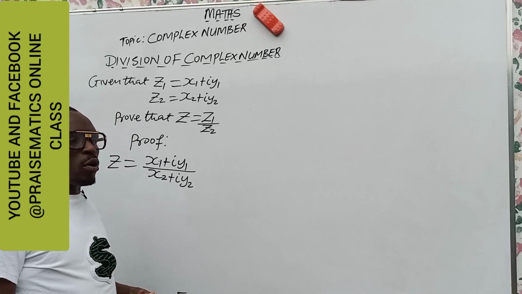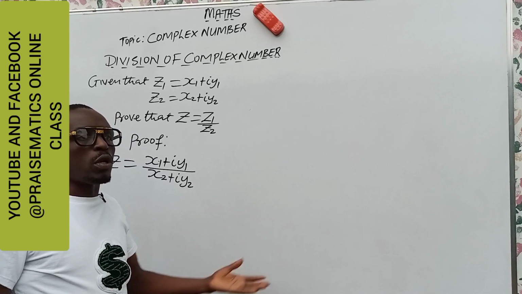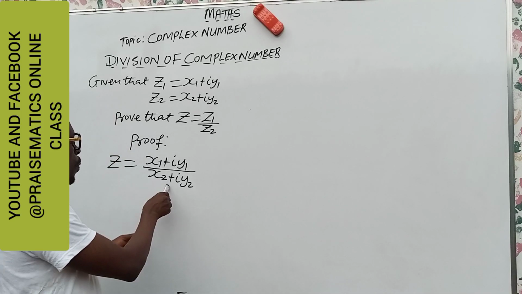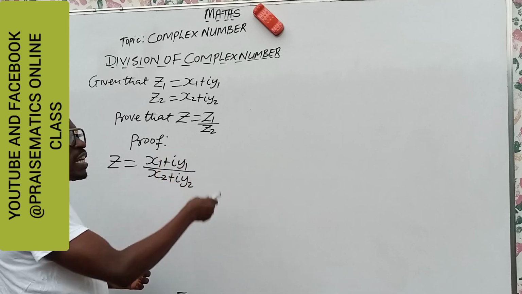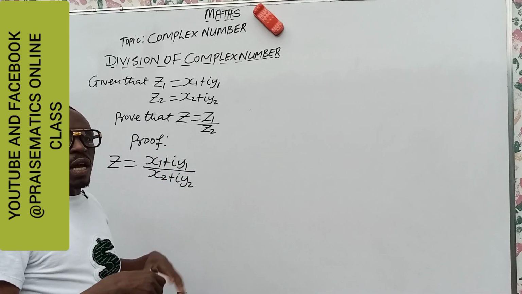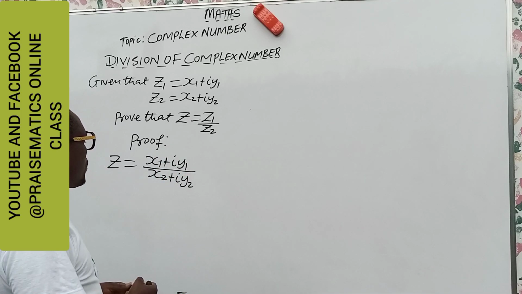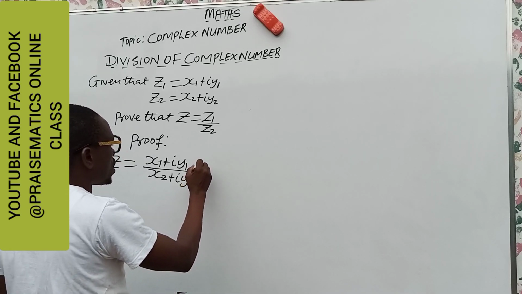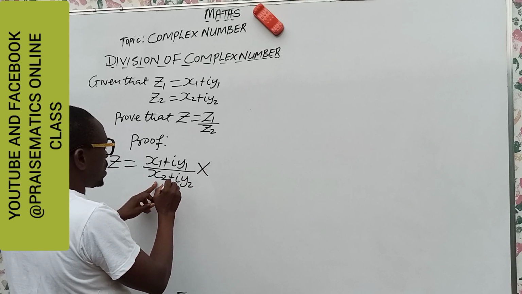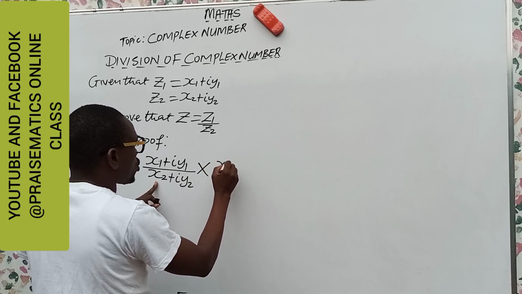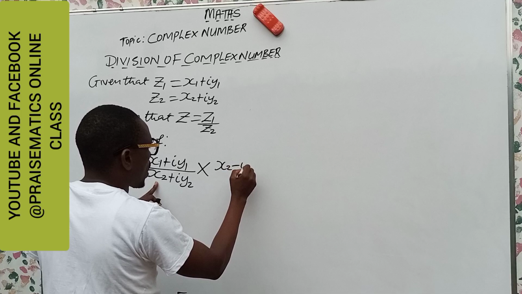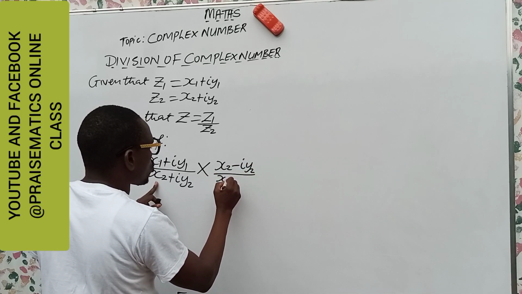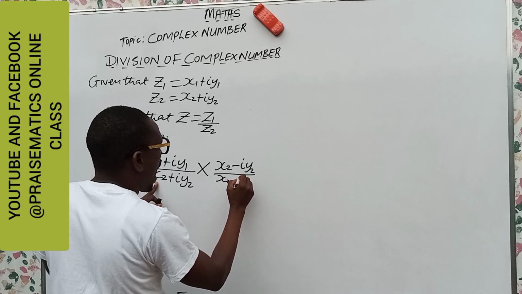Or if it is a minus sign, you turn the minus to a positive sign. So the ability of changing plus to negative or negative to plus is known as the conjugate of a complex number. Now we are going to multiply through by the conjugate of the denominator, which is x2 minus iy2, all over x2 minus iy2.